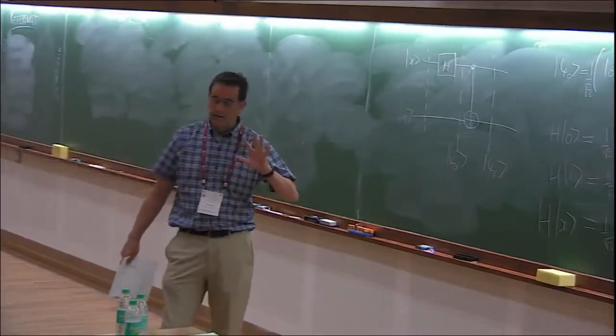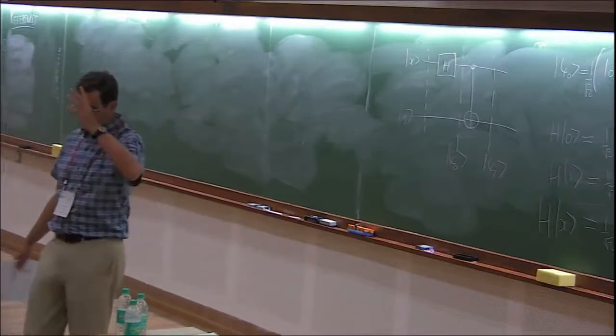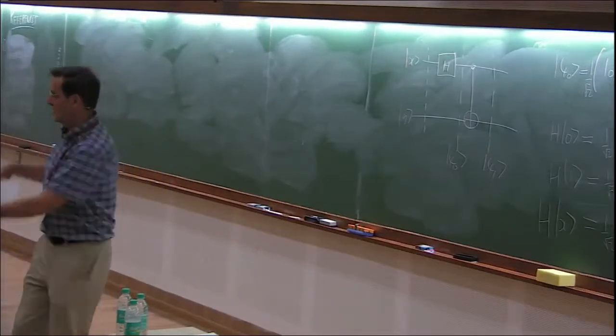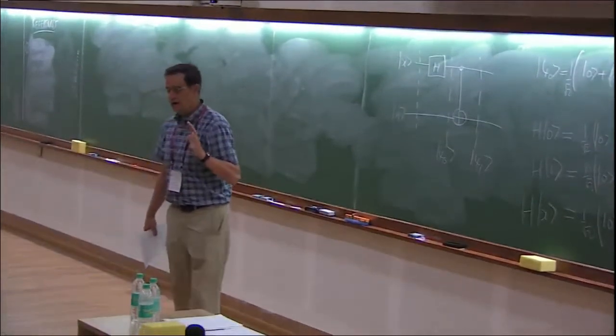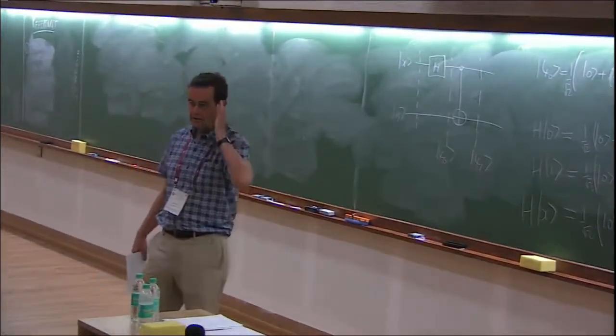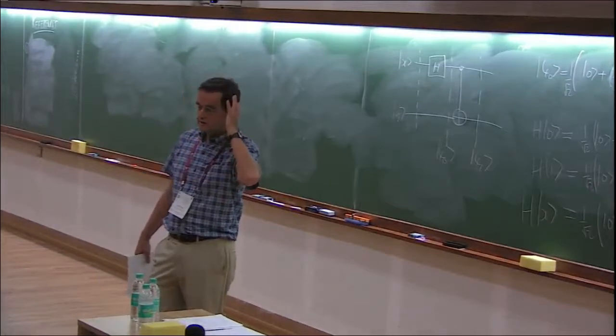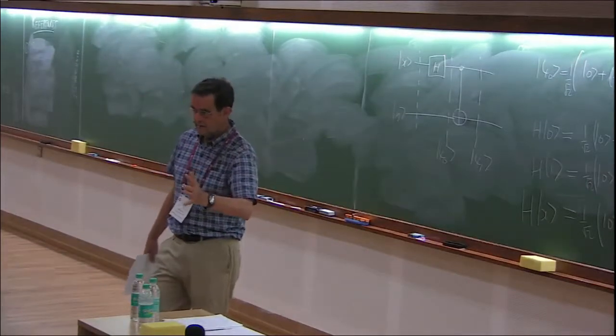Well, if this was classical, you could just look and see what the state is and then construct another one of the same sort. But you can't really do that with quantum mechanics, because if you do a measurement, in general, you change the state of the system.